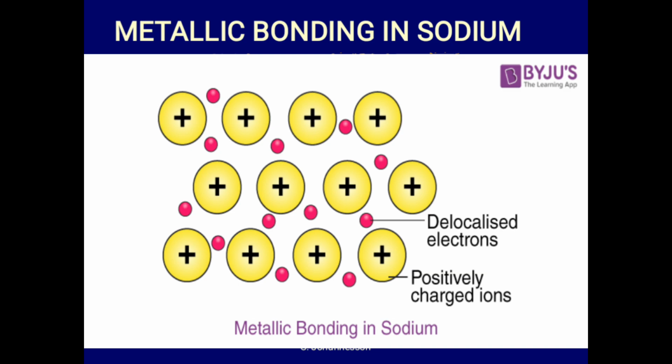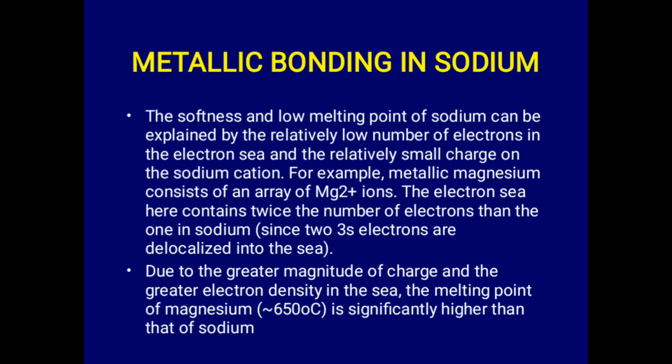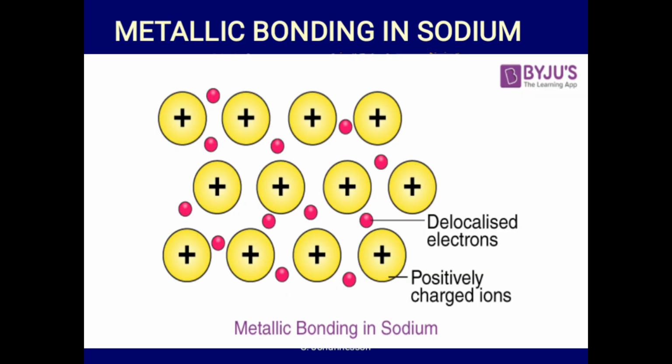So, what are we saying in essence? The valence electron of sodium is 1, that of magnesium is 2. So this will affect the number of electrons in the sea. In sodium, for instance, the electron sea is scanty, so the forces of attraction will be a bit low. So the energy to break it will be low when you compare it with that of magnesium.